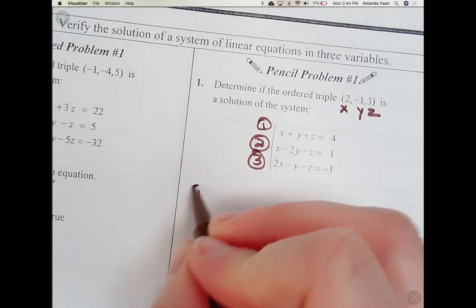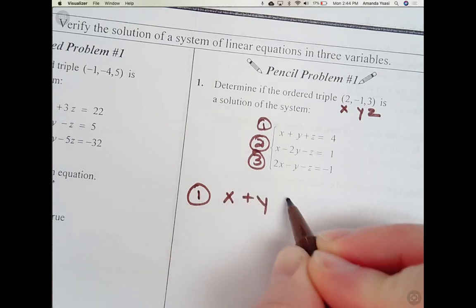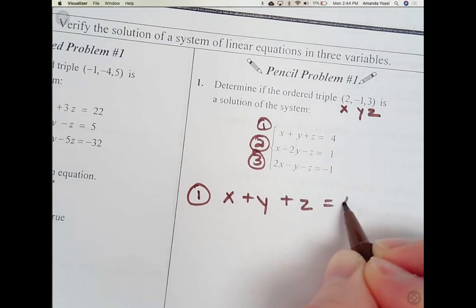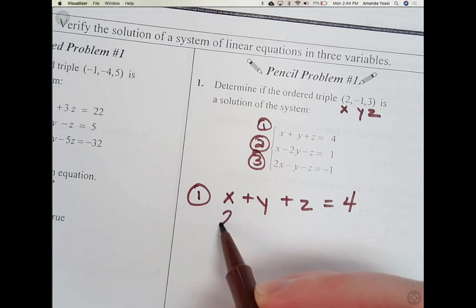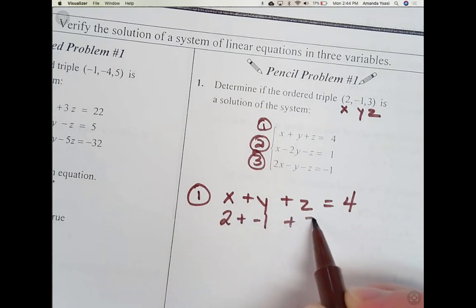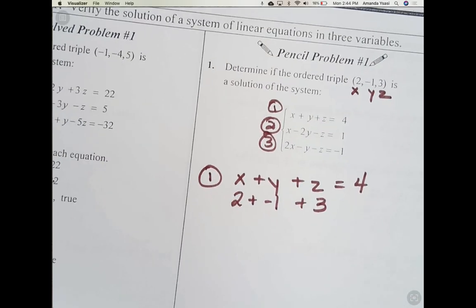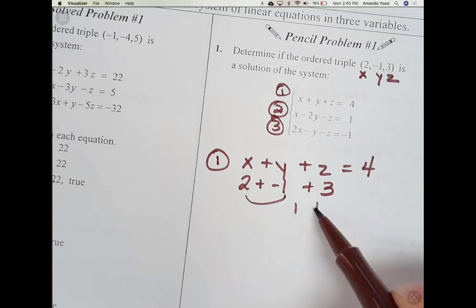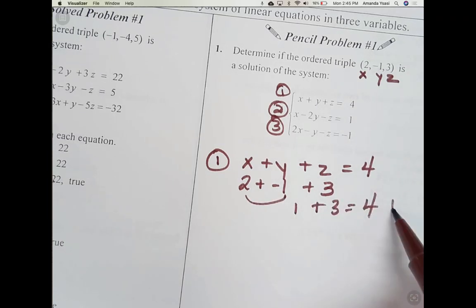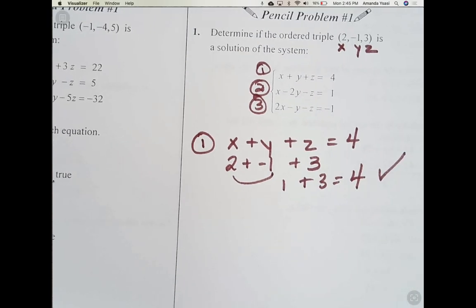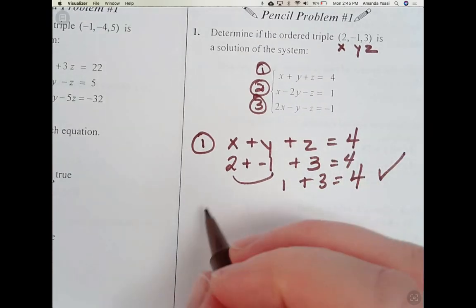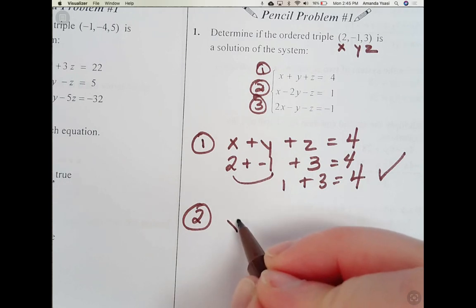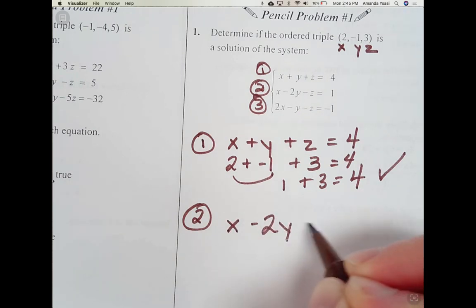So on the first one, we have x plus y plus z equals 4. So it'd be 2 plus a -1 plus 3. One plus 3 equals 4. So it works on the first equation. Go ahead and try your other equations to see if it works.